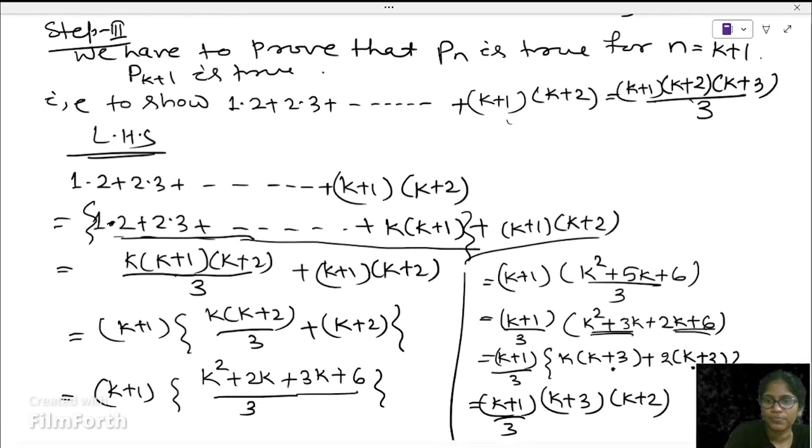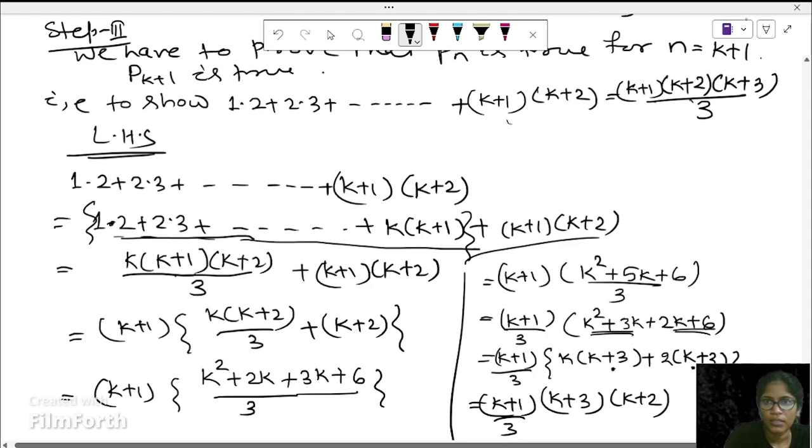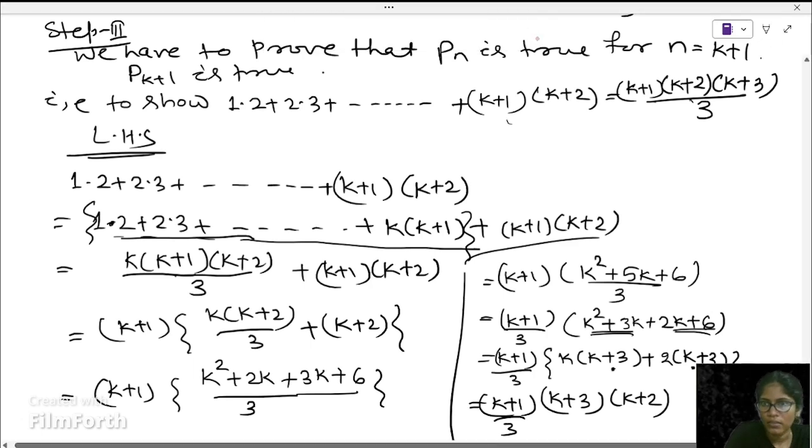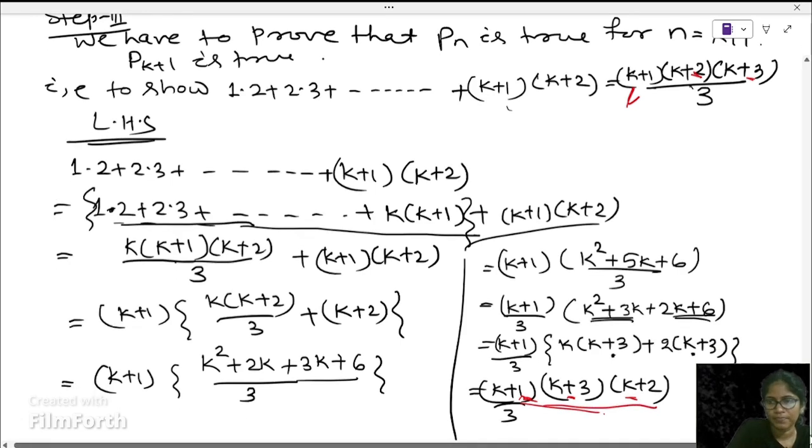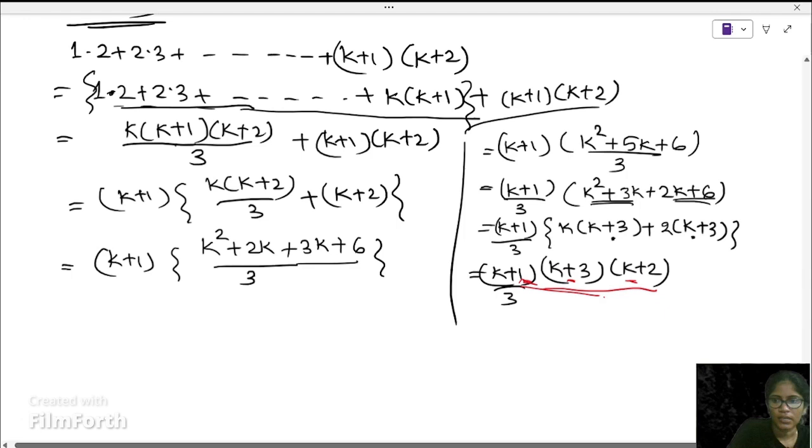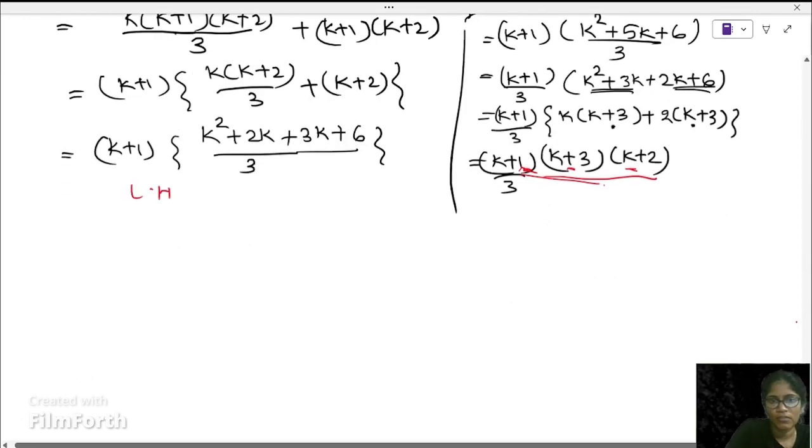Yes or no? Is it equal to the right hand side? k plus 1, here k plus 1. k plus 2, here k plus 2. k plus 3, k plus 3, divided by 3. Okay, got it. Now left hand side is equal to right hand side.